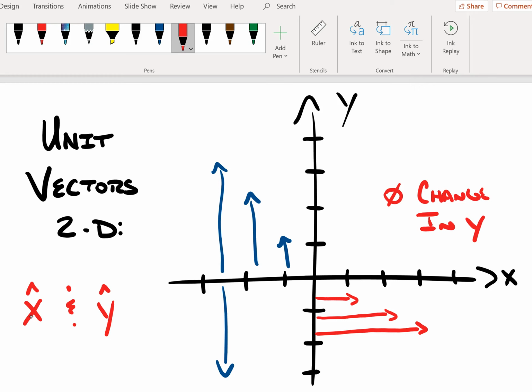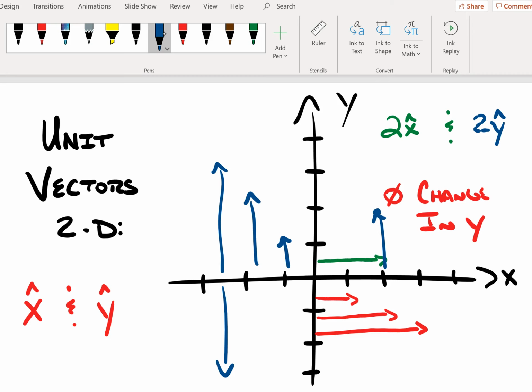And so if I want to get somewhere in 2-dimensional space, I can tell you to move 2 units along the x-axis and then move 2 units along the y-axis, and you will get to the point that I want you to be at.